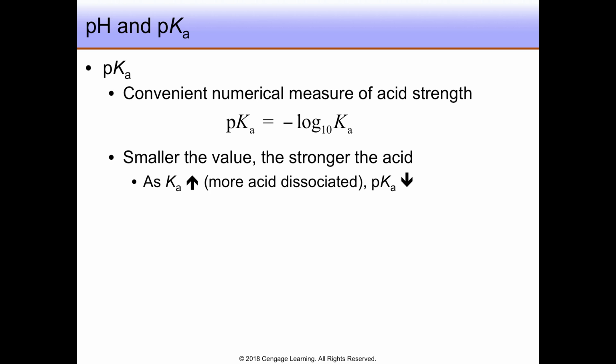Since the pKa value is on a negative log scale, as Ka increases, pKa decreases. So then, in comparing acid strength, the lowest pKa would indicate the strongest acid. In our next lesson, we want to establish a relationship between pH and pKa.